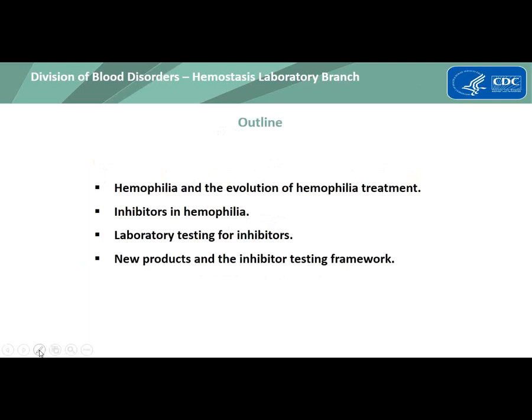An outline of the talk is shown here. I'll begin with a brief introduction on hemophilia and the evolution of hemophilia treatment, and then talk about inhibitors in hemophilia and laboratory testing for inhibitors, and finally new products, and discuss how the new products fit into the inhibitor testing framework.